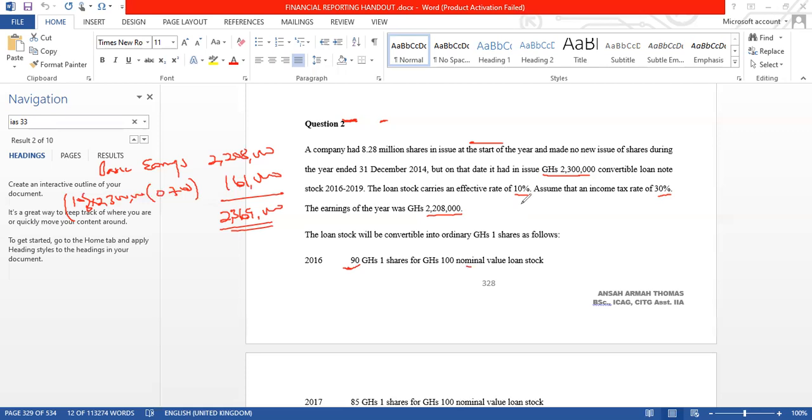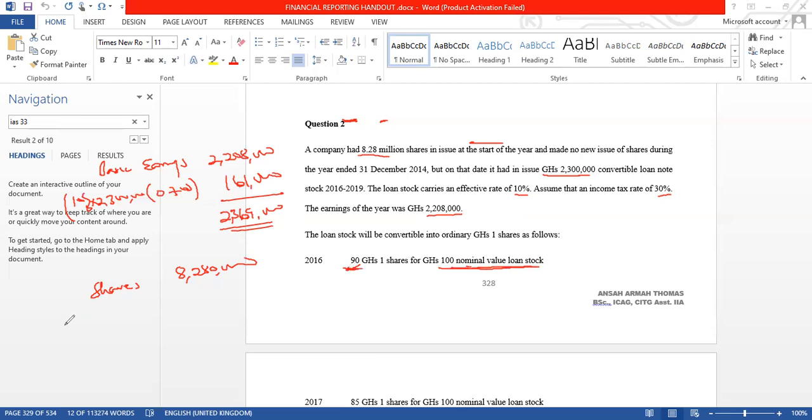and go through how to find our weighted average number of ordinary shares. Already, we have existing shares of 8.2 million, 8.28 million. And our notional number of ordinary shares is that for every 100 CD nominal, we are having an additional 90 shares.